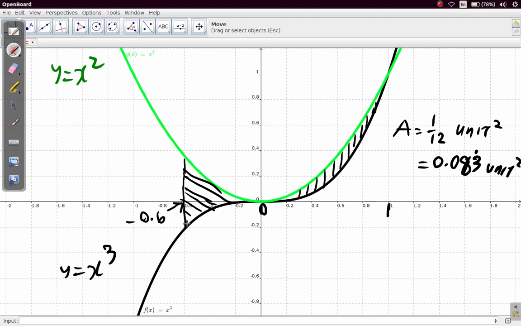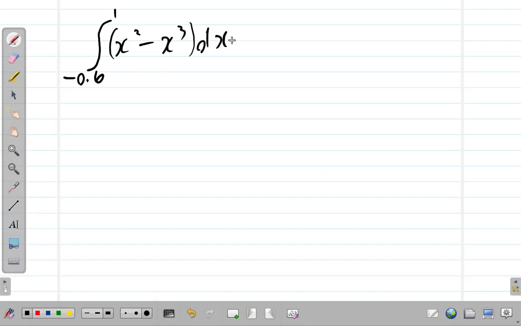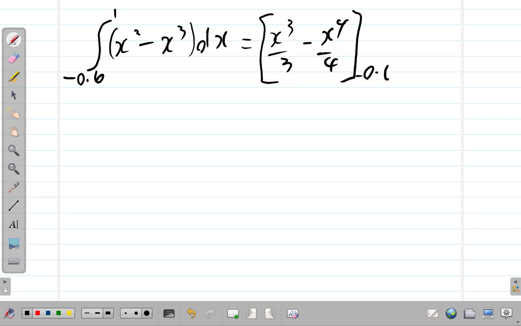But anyway, let's consider both situations. We're going to integrate straight across from negative 0.6 to 1. If we do that, we would have x cubed over 3 minus x to the 4th over 4 from negative 0.6 to 1.